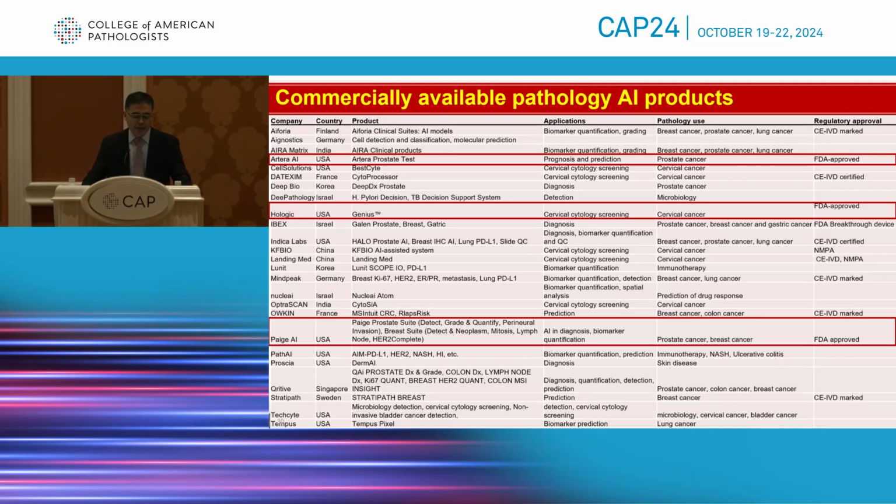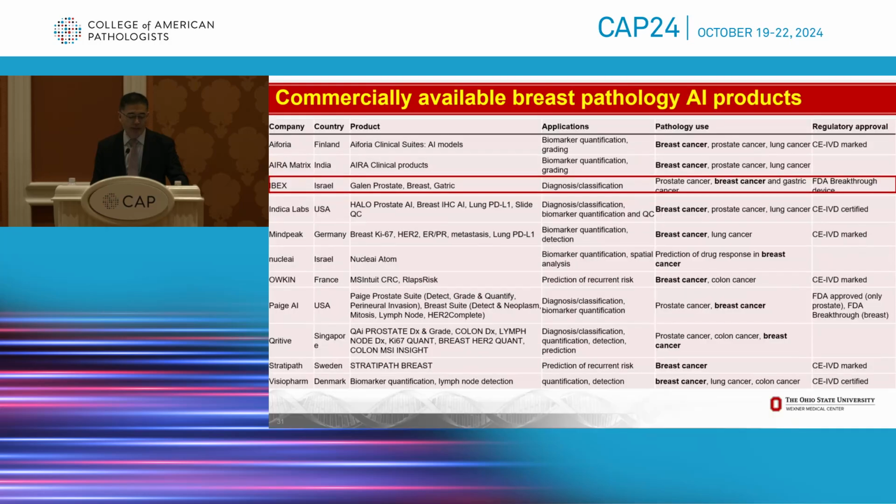So this table summarizes some of the commercially available pathology AI products. Some of them have received FDA approval, such as the Terra AI prostate predictive test, the Hologic Genius system for Pap smear screening, and Paige AI Prostate to screen prostate biopsies.